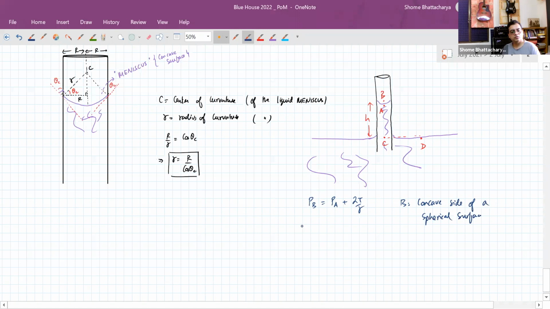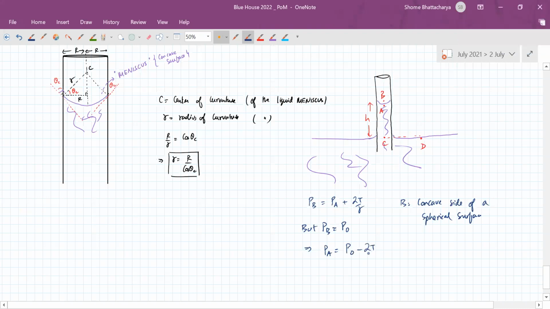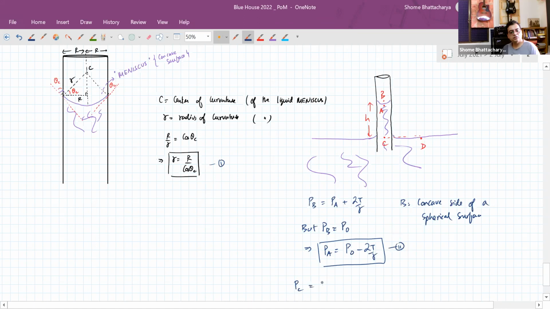But pressure at B is also equal to atmospheric pressure. So pressure at A is equal to P naught minus 2T by R. Now pressure at C is equal to pressure at A plus rho g h, and that is also equal to pressure at D, and pressure at D is equal to atmospheric pressure. This is at an open surface.